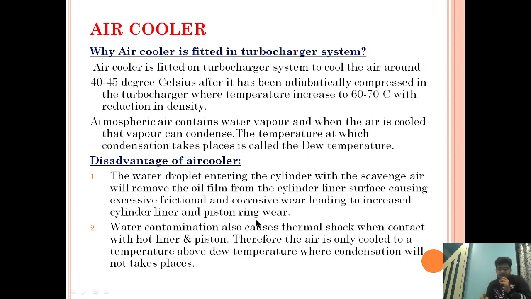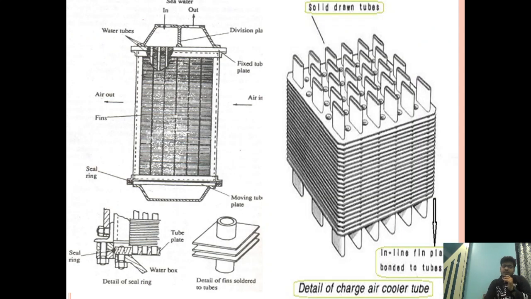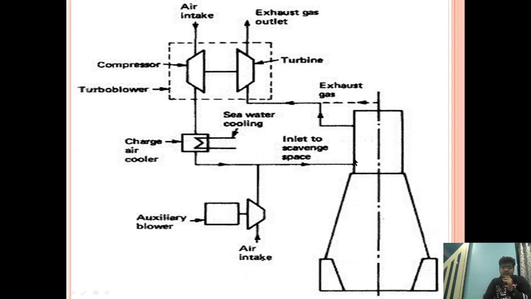So, if anybody asks, okay, I will not fix the water mist catcher, what will happen? Your answer should be that, sir, if you don't fit the water mist catcher, water will go to the combustion area and it will remove the oil surface in the cylinder liner, and therefore the frictional wear between the piston and the liner will increase very much, and the corrosive wear of the liner will also increase, and excessive heat will be generated. It may also cause sticking of the piston.